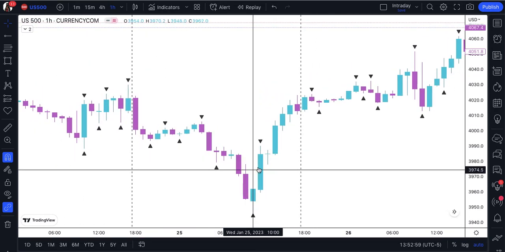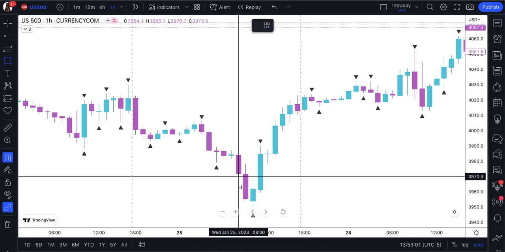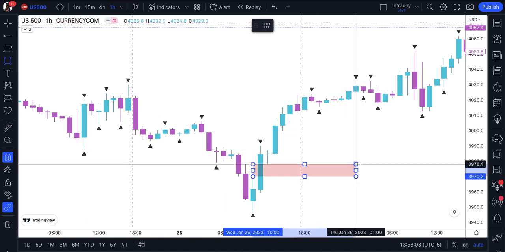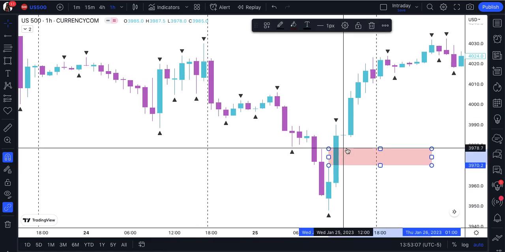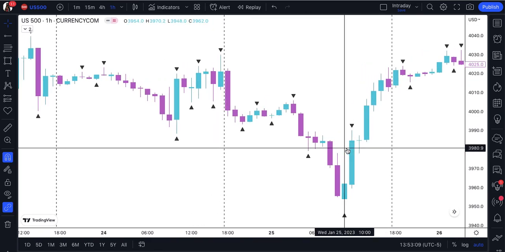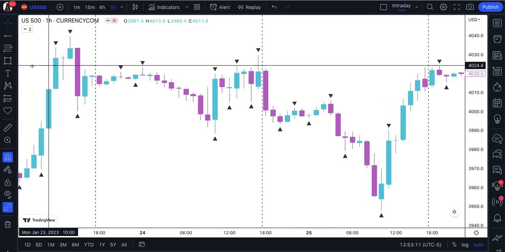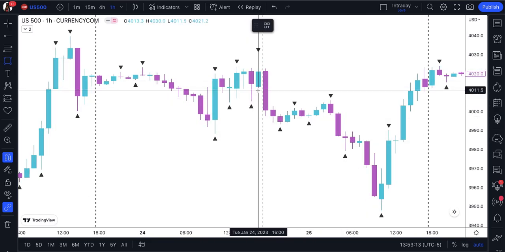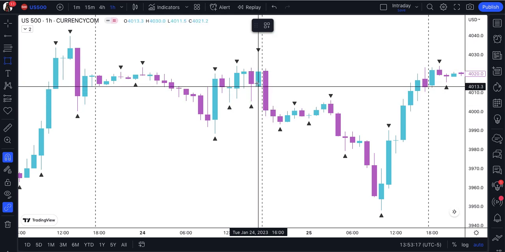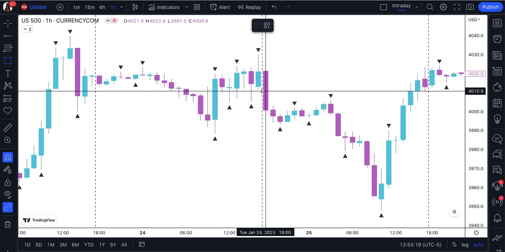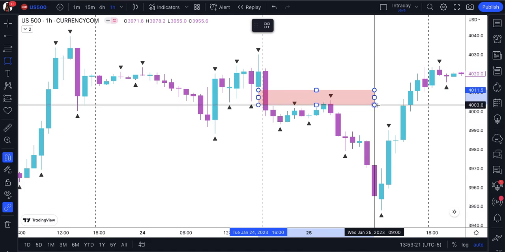Another gap. Another gap. Let's see if a gap got tested. Okay, here's a gap. Price broke this level, leaving this gap in this order block. So we've got two levels of resistance.